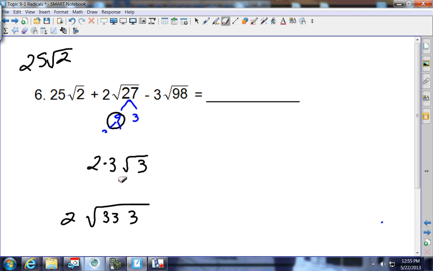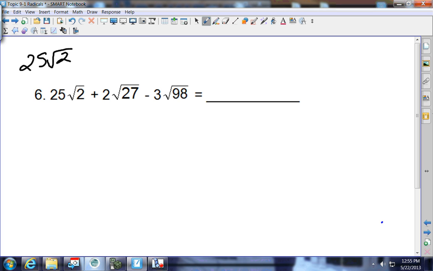Let me go back. I'll just, instead of doing the shortcut. Here we go. All right, 27 is 9 and 3. 9 is 3 and 3. So underneath the square root sign, I get 3 times 3 times 3. But this 2 is out in front still, right? Because it's up there in the beginning.